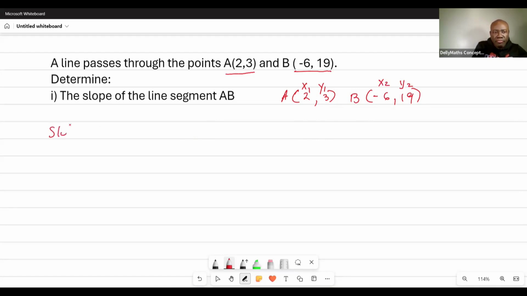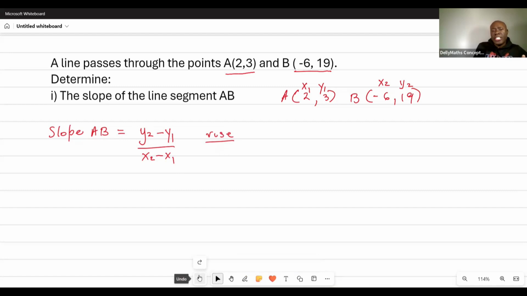The slope of AB can be found by doing this: y2 minus y1 over x2 minus x1. This is the same idea as saying rise over run. So it is basically our vertical change over our horizontal change.